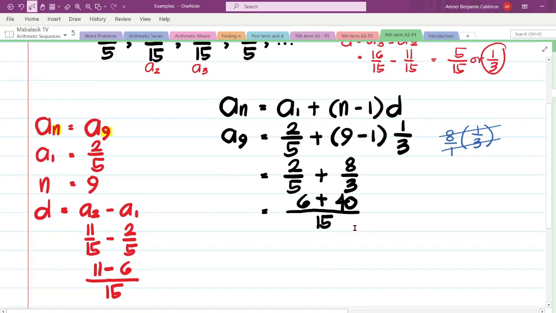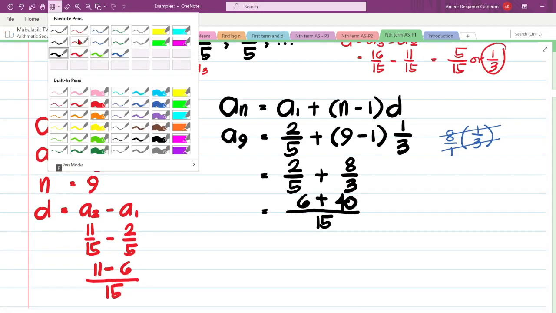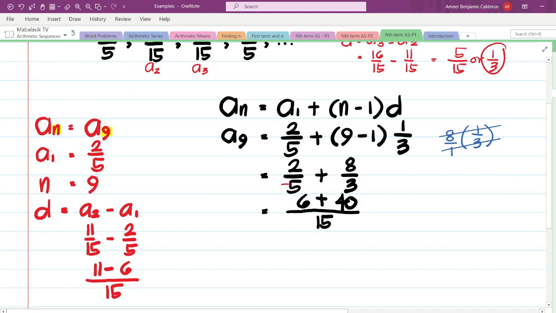Or you can just simply do multiplications. So multiply 5 and 3, you get 15 here. You multiply 2 and 3, you get 6 here. And then you multiply 8 and 5, you get 40 here. You can also do that.